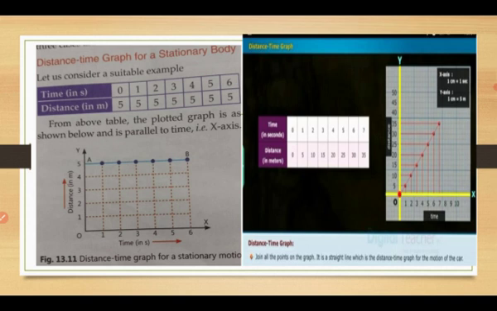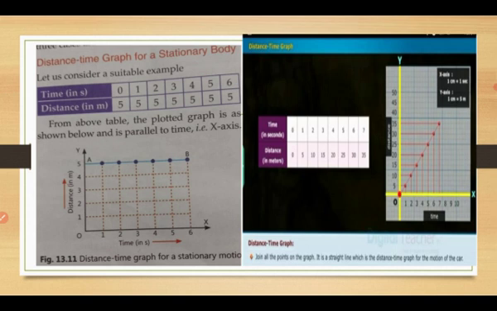But in the second graph you can see that the object covers 5 meters in the first second, 10 meters in the second, 15 in the third, 20 in the fourth, 25 meters in the fifth second, 30 meters in the sixth second, and 35 meters in the seventh second. It means each second the object covers 5 meters.